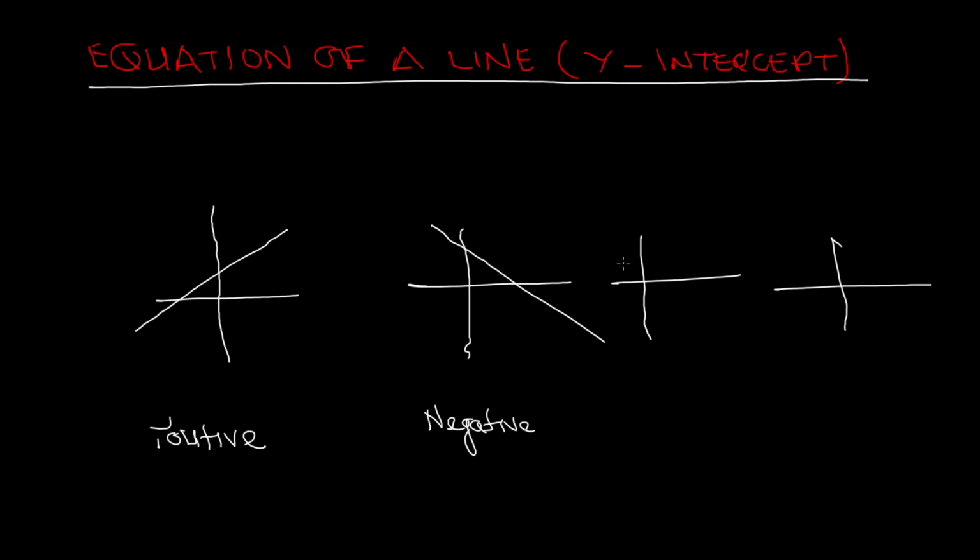Once the line is like this, following the x-axis, we say that the gradient is 0. This is what we call the zero gradient. And when the line is vertical, following the y-axis, the gradient doesn't exist. It's non-existent, so there's no gradient.